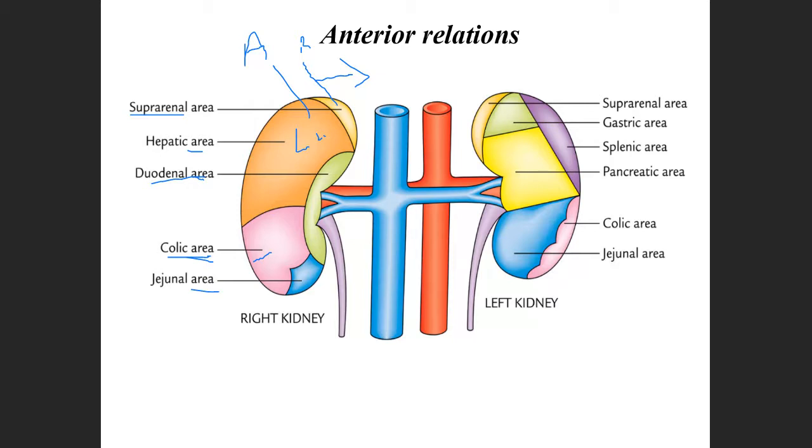Here it is the ileum, so it is not the jejunum. This is wrong here. This is on the right side, it is the ileum. Like this you have to write. If you write these same as in the picture, you will get the marks, but not the full marks. Okay. Same like in the left side also.